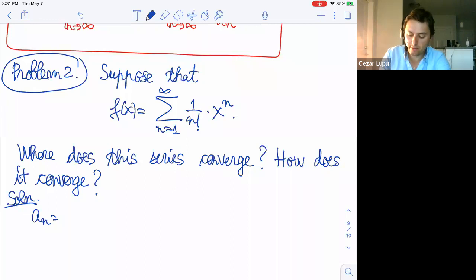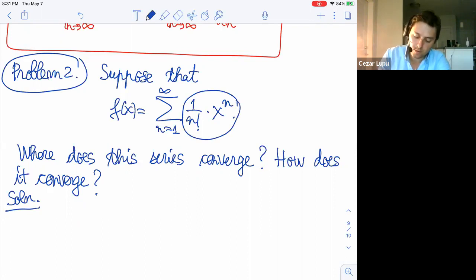It is x to the n over n factorial. So by the ratio test, let's look at the following.